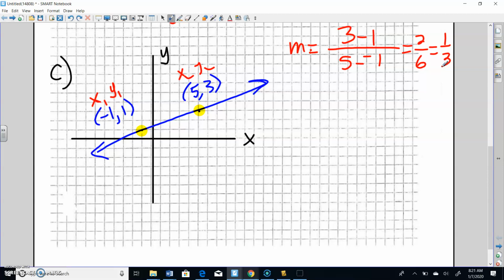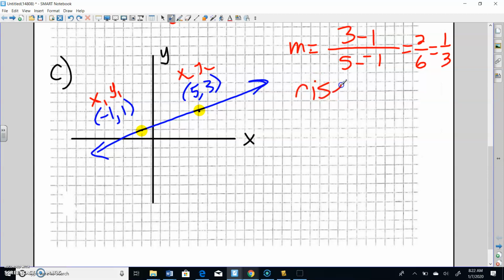Does that look right? 3 minus 1, y2 minus y1 over x2 minus x1. Okay, another way that we can find the slope, because it's on a graph, is we could do rise over run.